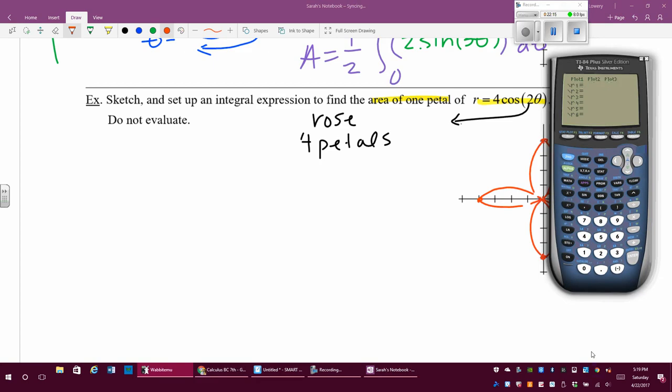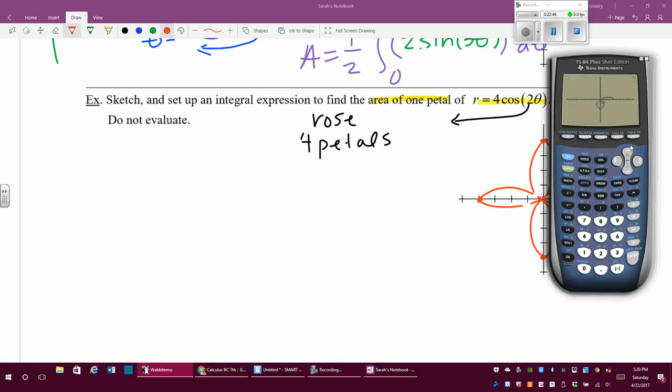Now, on the AP exam, and if this was a non-calculator question, which it very well could be, you could easily do this by making a table of values, but let's go back here and make a path. And let's go to our window and go from 0 to 2 pi and zoom 6 this.